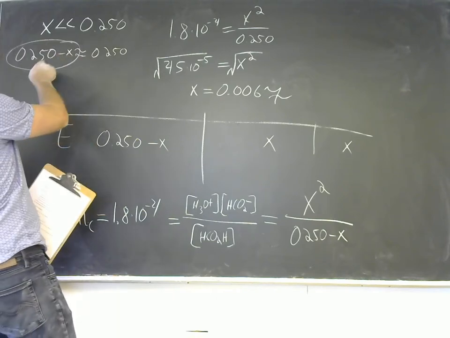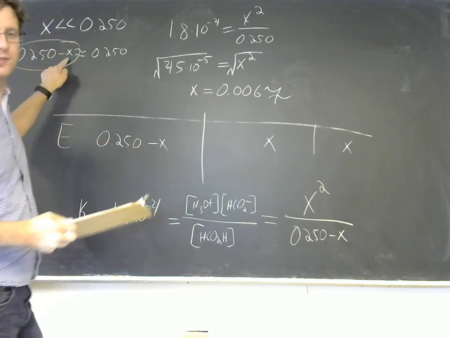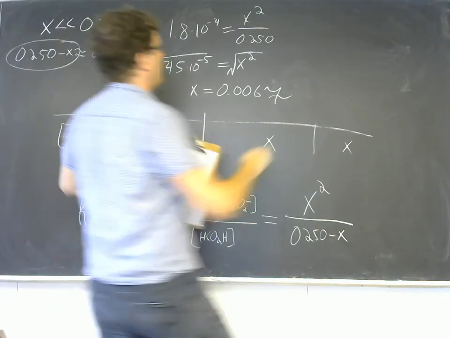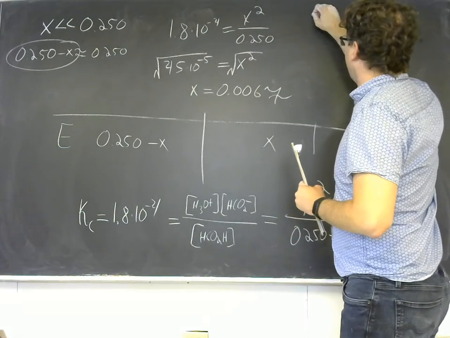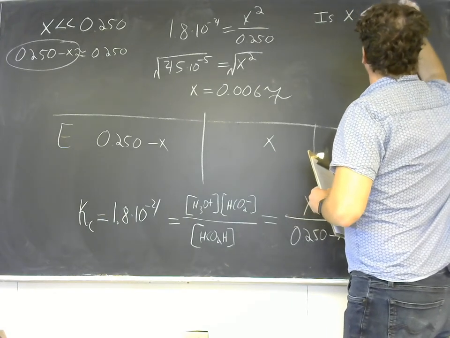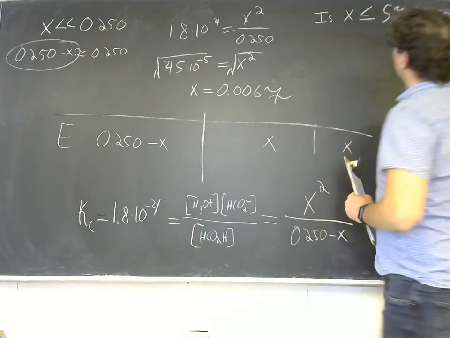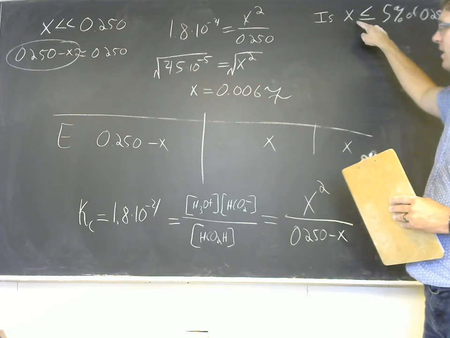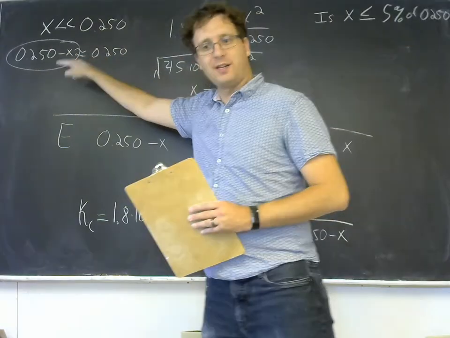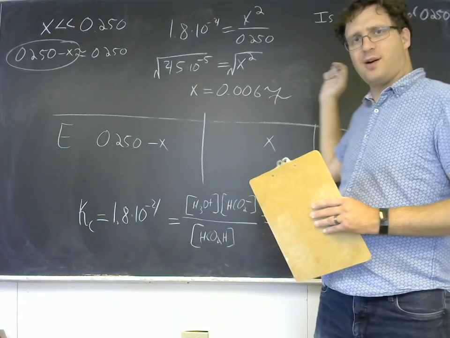We had 0.250 minus x, and we said that x is small enough to ignore in this expression. Now we've calculated the value of x, and the question that we want to ask is: is x less than or equal to 5% of 0.250? So is it at most 5%? Is it 5% or smaller than the value that we subtracted it from? If so, then this assumption was good. We can take this number and run with it.